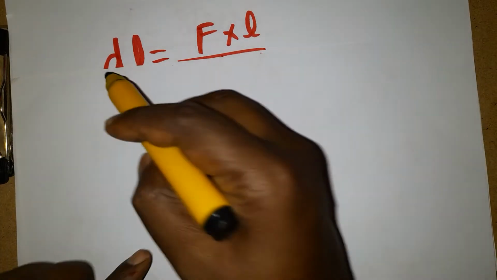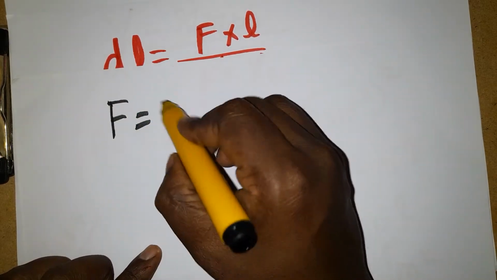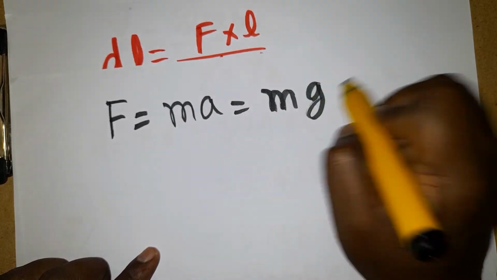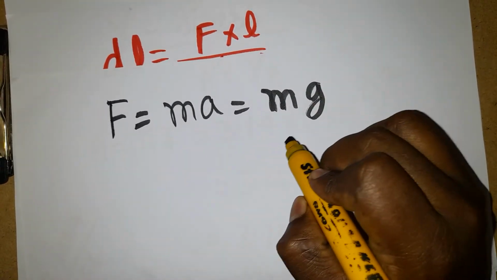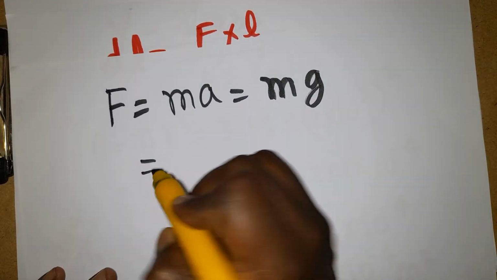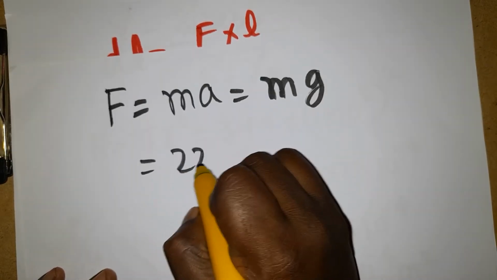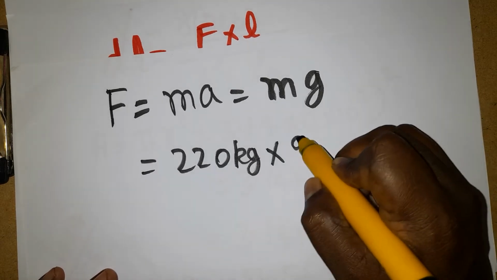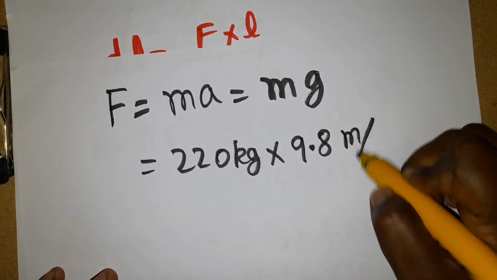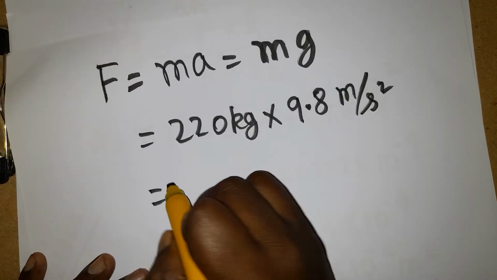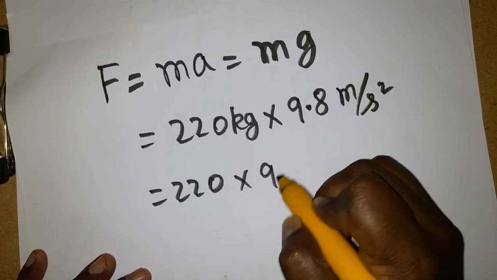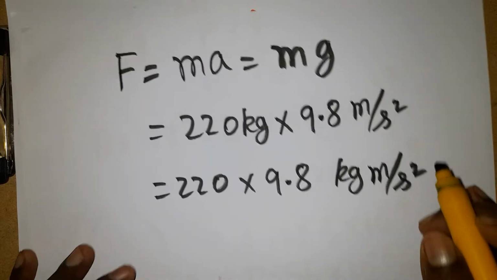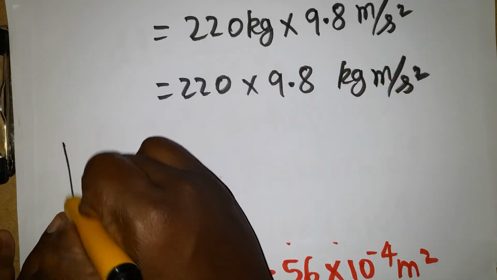Next, we are going to find the force. Force is equal to mass into acceleration, ma, or it is the weight, mg, both the same. What is the mass of the total performers? The total mass is 220 kg. What is gravity? We can take 10 or 9.8 meter per second square. So 220 into 9.8. He actually uses two legs to balance this much force, but we are going to find for one leg only, since he is holding with two legs like this.